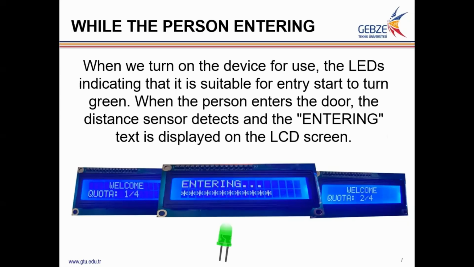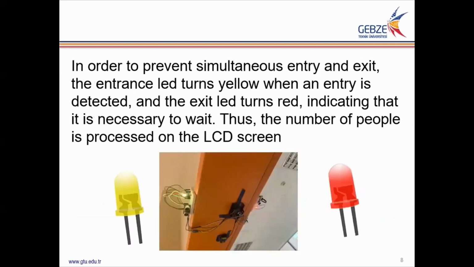When someone enters the area, the Arduino detects the movement under the door, processes that input, and then sends that output as an entering message to the LCD screen. Also, it increments the quota by 1 on the LCD screen. And also, Counter-Crowded has additional features that provide a control mechanism to prevent simultaneous entrance.